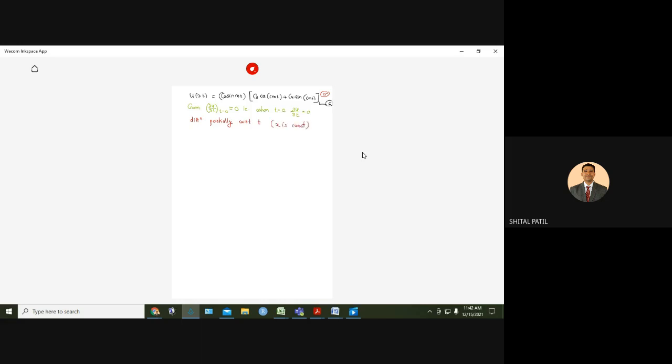X is constant. Now derivative. t equal to 0.